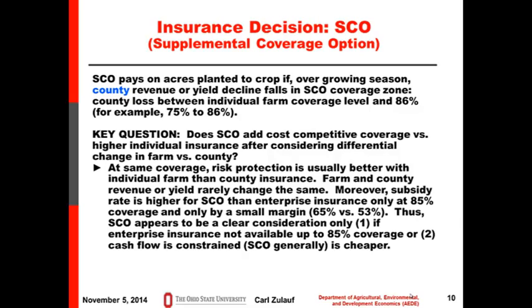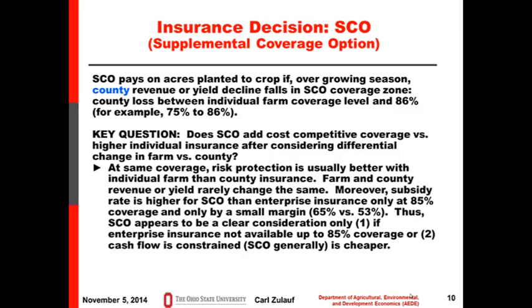The farm and the county revenue and yield rarely change the same. If farm revenue declined 20%, the county's decline may be 0. It may be that the county even went up 10%, or the county may have gone down 50%. That's what I mean by the farm and the county don't change the same.